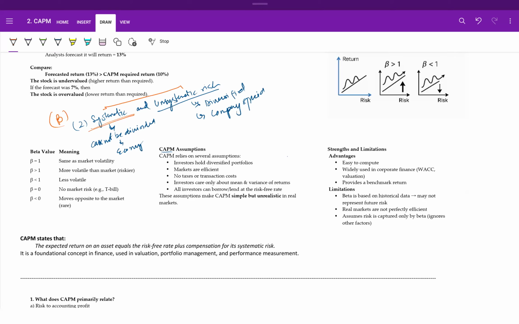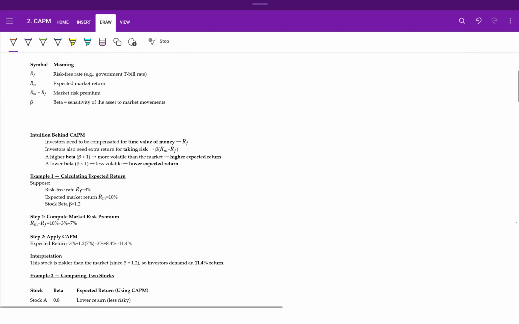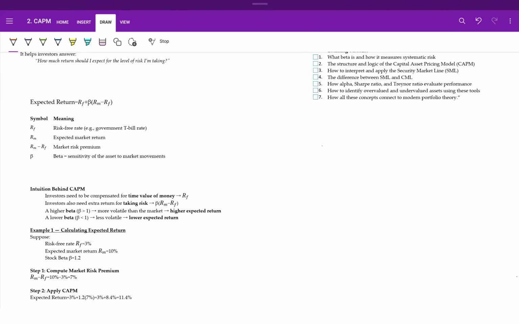And when we look at the capital asset pricing model, let me just show you the formula. This part here is measuring the systematic risk, and here we are just talking about the unsystematic risk.